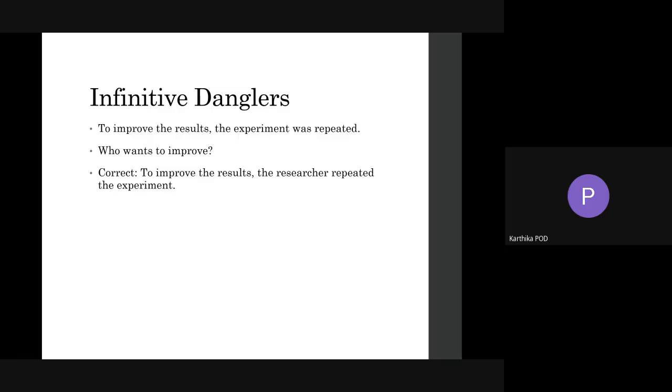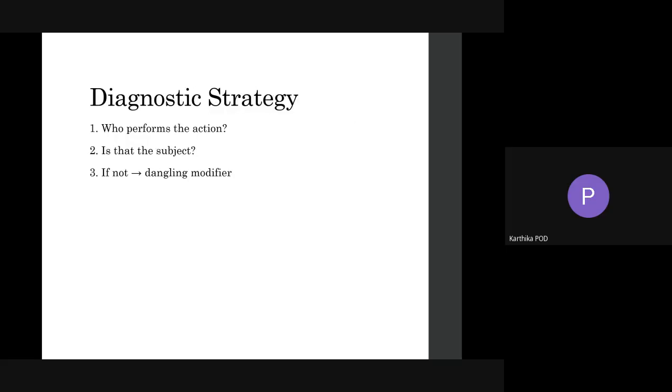To improve the results, the experiment was repeated, right? But the thing is, a lot of us actually miss the subject, miss the doer of the action, miss the who part of it, and put together sentences.